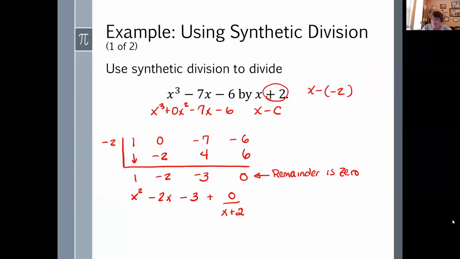Now, I know that if I have a remainder of 0, that means my quotient and my divisor are factors of my dividend. So I know that x to the third minus 7x squared minus 6 is equal to my divisor times my quotient.